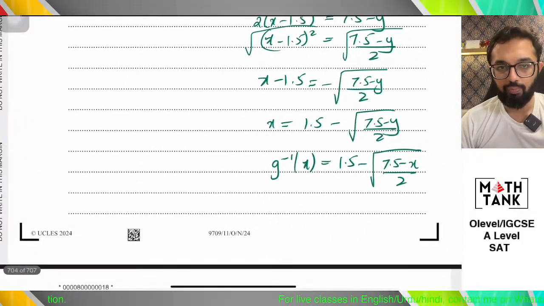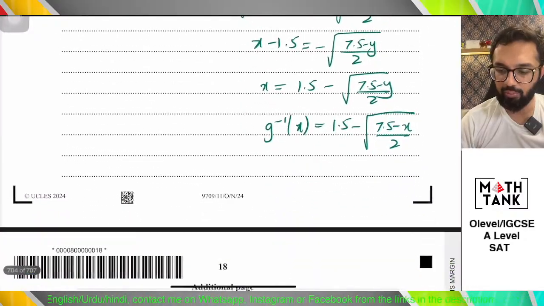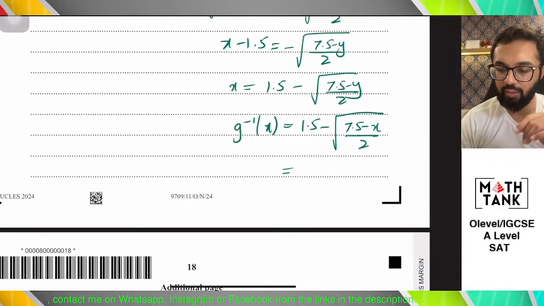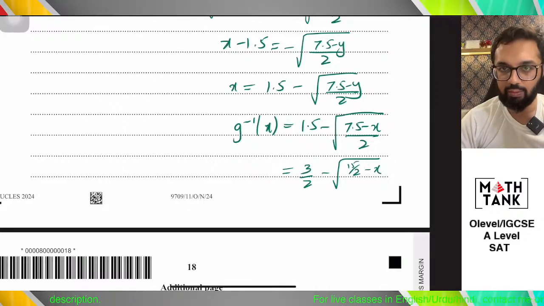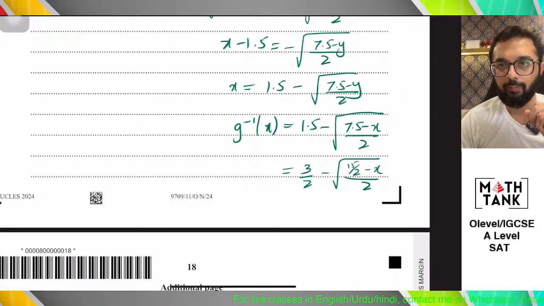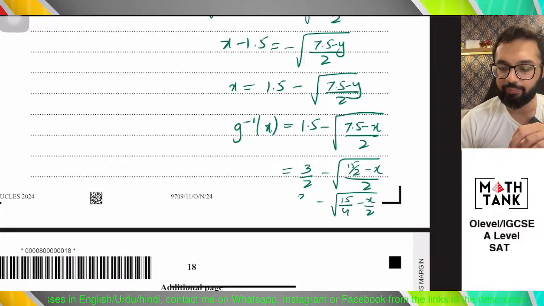Although you can't write a fraction over a decimal, so that's something you need to be worried about. You should write all of this as a fraction: 3 over 2 minus the root of 15 over 2 minus x over 2. Then simplify this, so this becomes 15 over 4 minus x over 2. The best answer would be this.